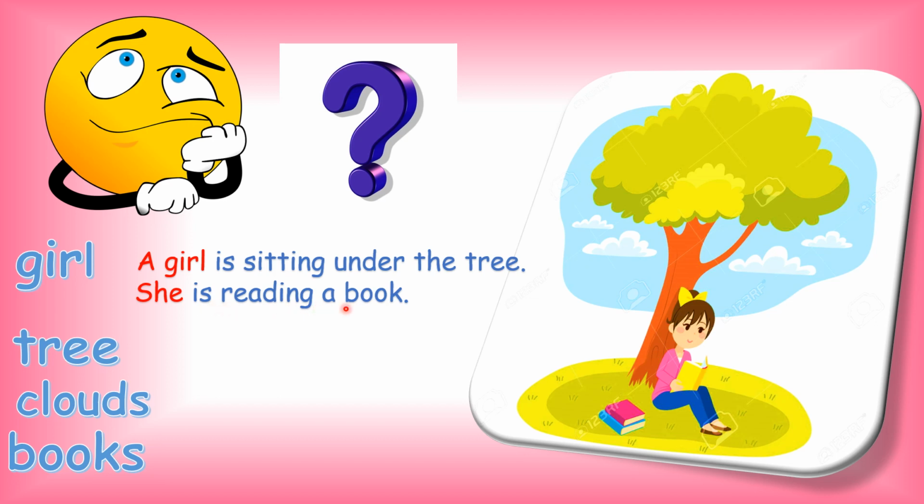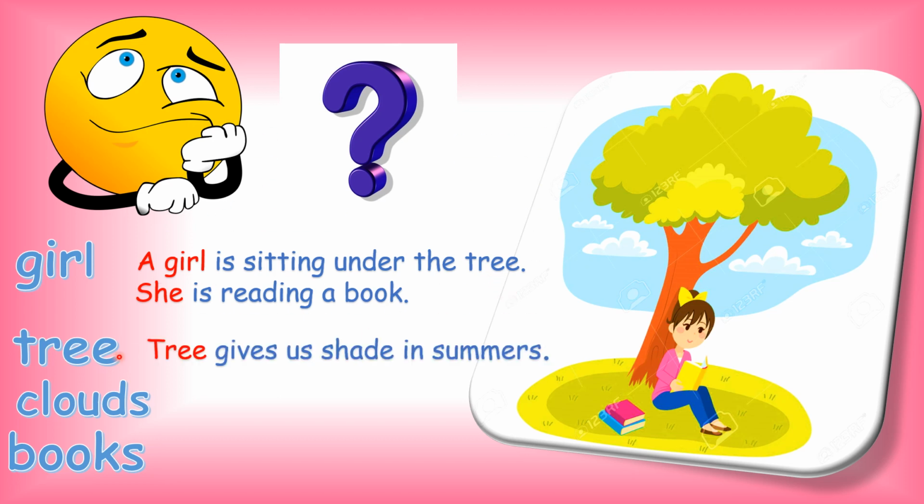So, this is the predicate. So, she as the subject and is reading a book as the predicate join together to form a sentence. Okay, children. So, these are the complete sentences. She is reading a book. A girl is sitting under the tree.